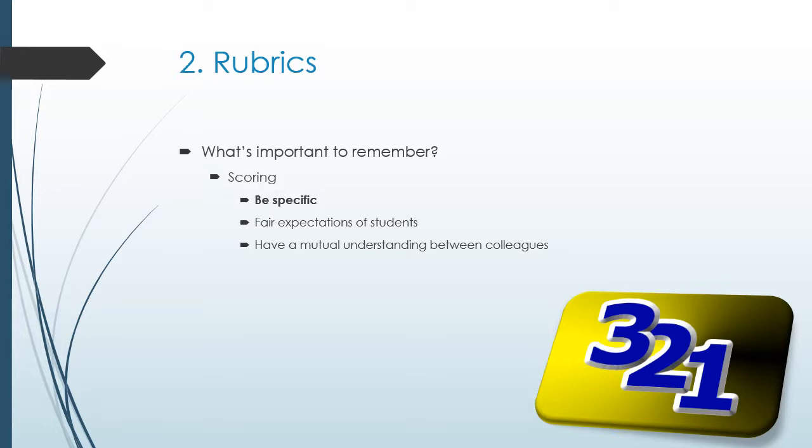Your performance level shouldn't be something for 4th grade when you're grading 2nd grade. And also have a mutual understanding between colleagues. If more than one person is using this rubric, make sure every person knows what the expectations are and every person is reading the rubric the same, because if not, the grades are not going to be valid or reliable.